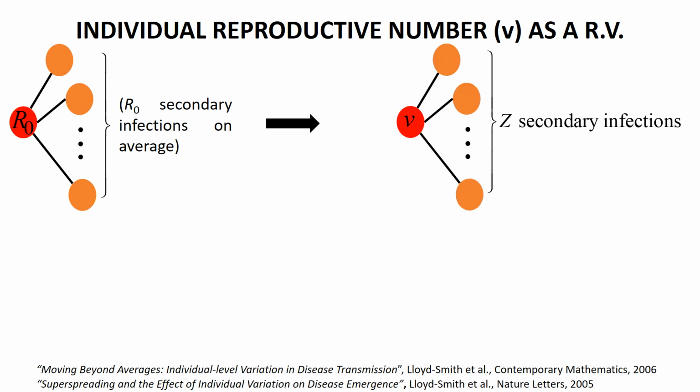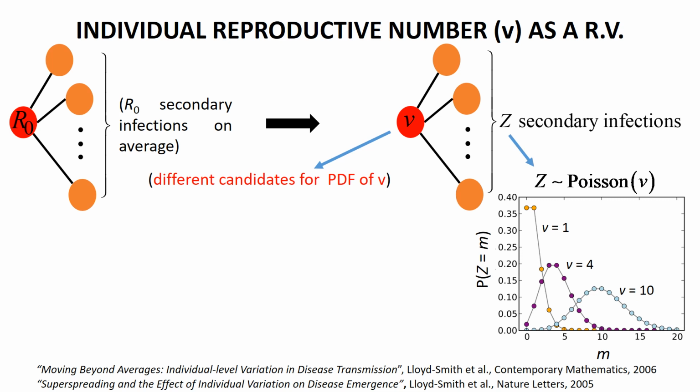So now what we move to is we say that each person will have an individual reproductive number V, and they will produce Z secondary infections. However, here's the difference, that V is now a random variable. What type of random variable is it? Well, we're going to see there are different candidates for the probability density function of this random variable. And how do we go from V to the number of secondary infections?